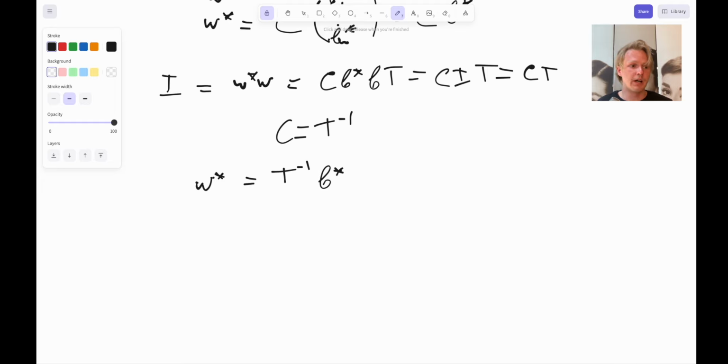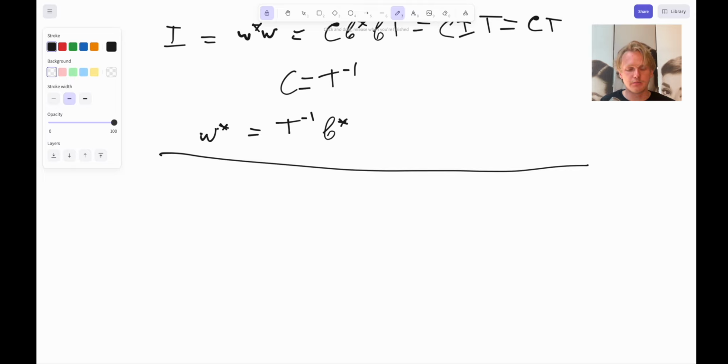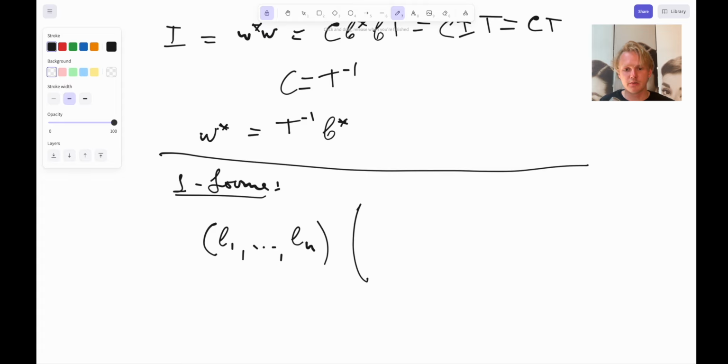Right, we have a dual basis, but what do we do with it? For example, if you have a linear form, written in one basis, the way we write linear forms is as lines. So it's a one-form. You get, for example, l1 ... ln, and multiply by the basis b1 star ... bn star. You get a form.